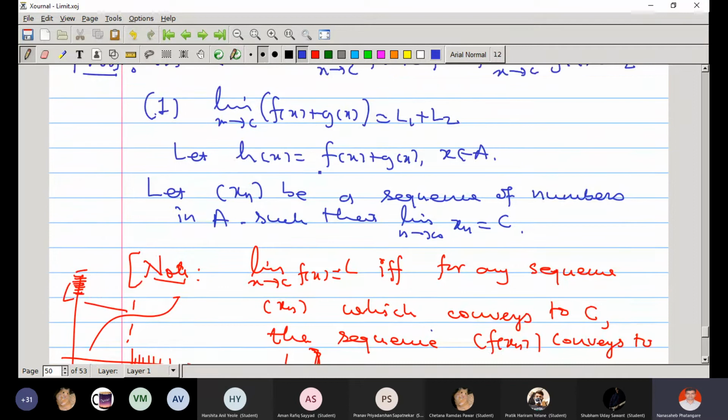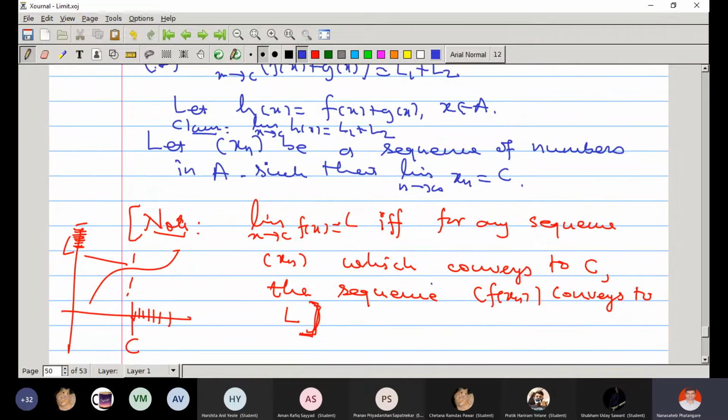Therefore, if you want to prove that the limit of h(x) is L1 plus L2, what is the equivalent criteria? What is our claim here? The limit as x tends to c of h(x) is L1 plus L2. This is our claim.